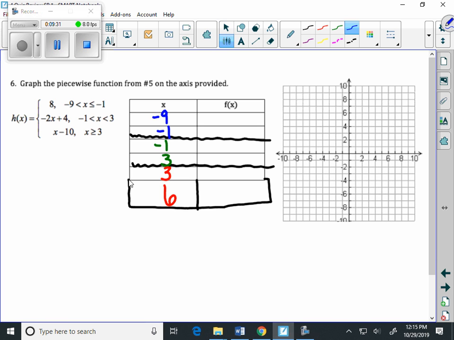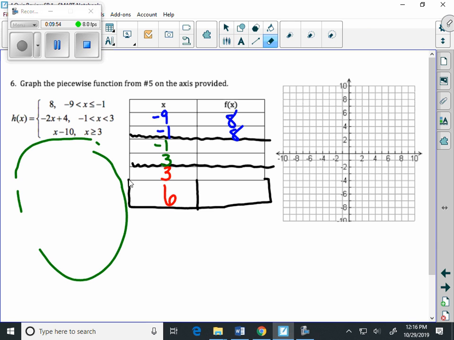When we put -9 back into our first piece, we get out 8. When we put -1 back into our first piece, we get out an 8. On the next function, I'm going to write over here on my grid, but you might want to write over here in this space somewhere, just so that you've got space to graph it in a couple minutes.